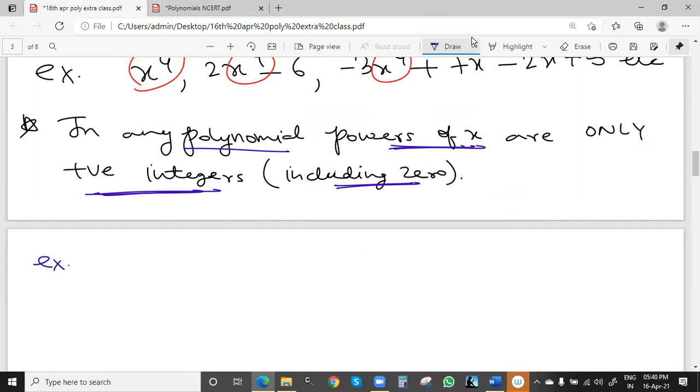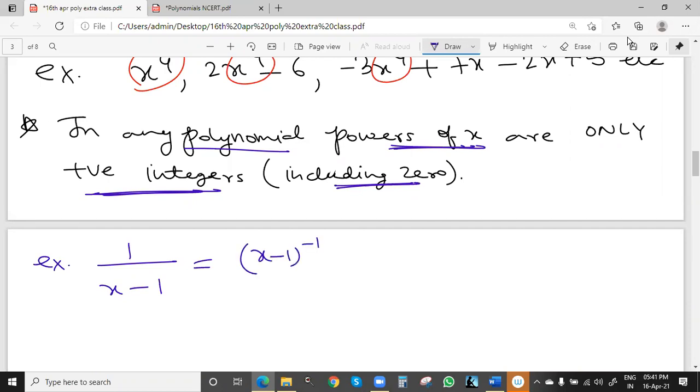For example, we have this expression like mentioned in the book, 1 by x minus 1. That will not be called a polynomial. Why? Because this time we have negative powers of x. Let me show you, we can write 1 by x minus 1 as x minus 1 to the power minus 1.